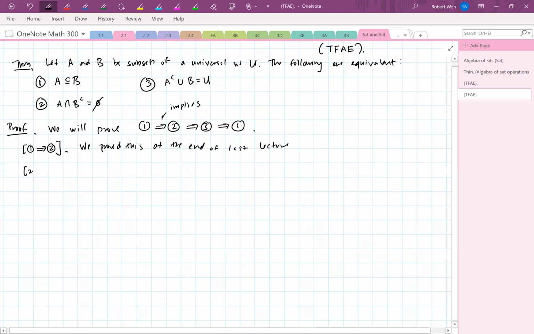Okay, now 2 implies 3. Let's suppose that A intersect B complement equals the empty set.